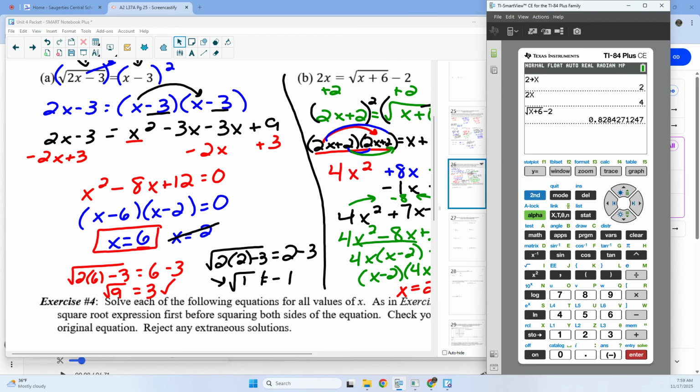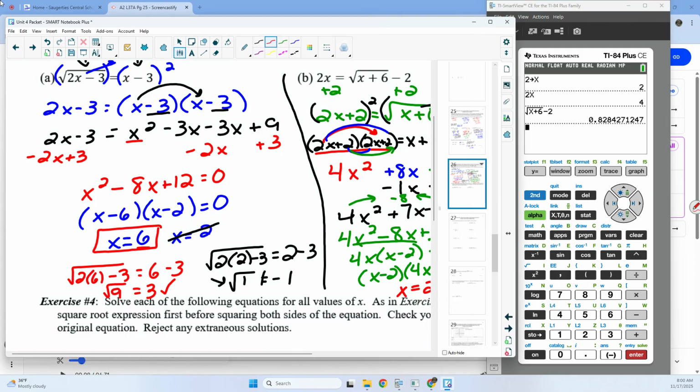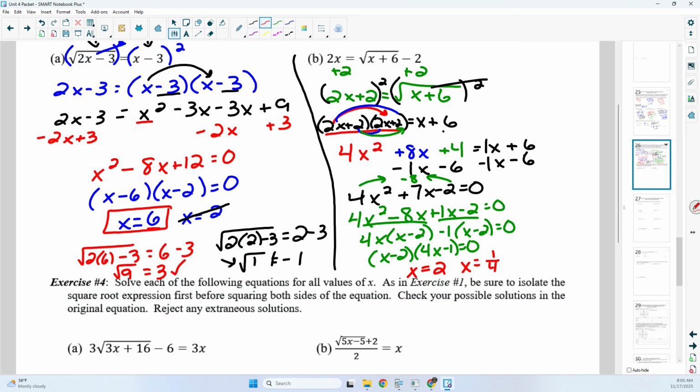And I see they get plus 6 minus 2. So let me just see if I made a little mistake on that. Nope, looks like it doesn't match up. So I got a +2, I checked it, and it does not work. So looking at this one, we are going to cross out that number, and that is not an answer.